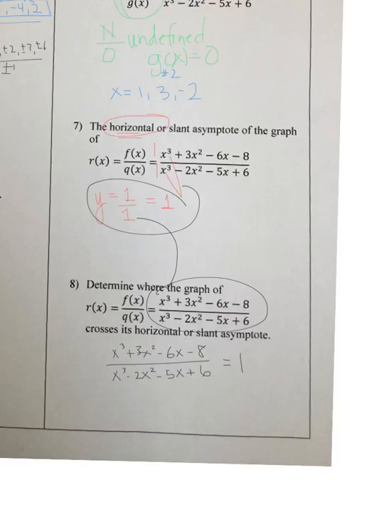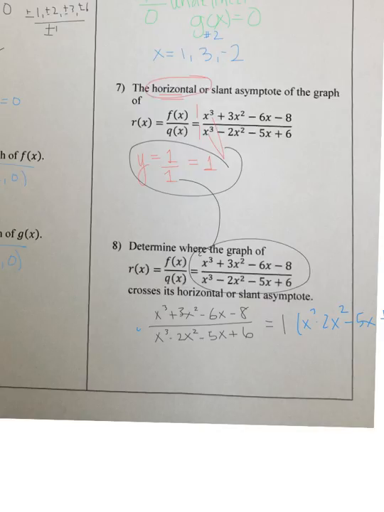So we're going to first multiply both sides by x to the third minus 2x squared minus 5x plus 6, and then we'll do the same thing over on the other side. But really all that's going to do is get rid of that denominator.